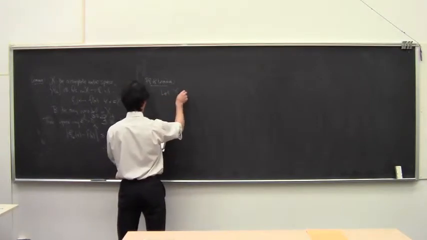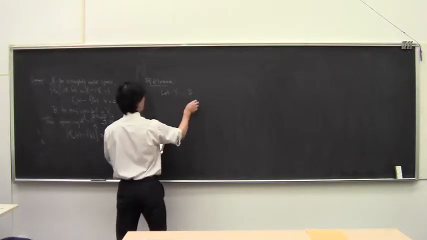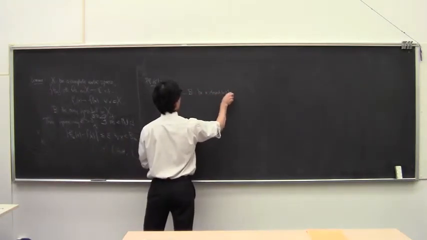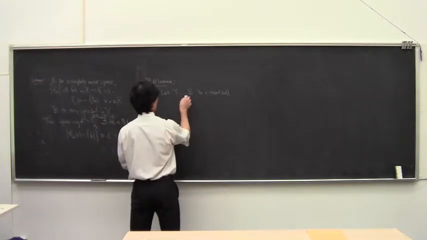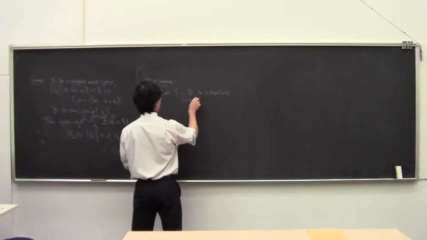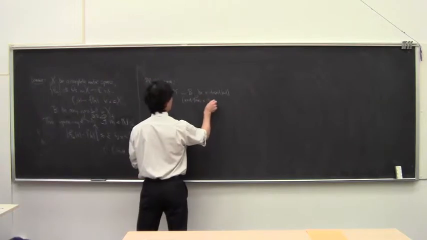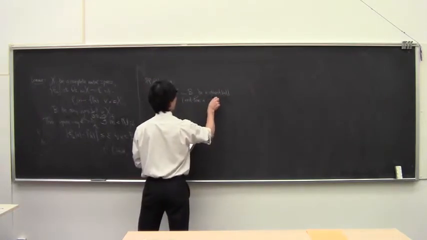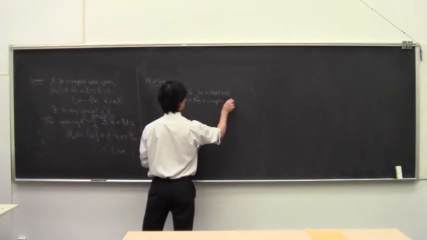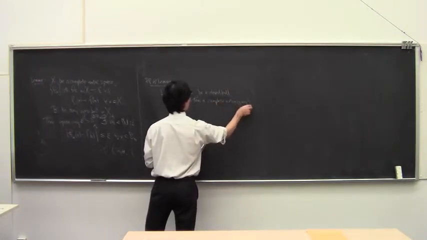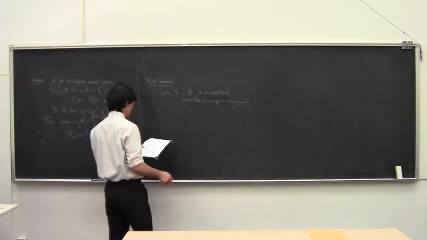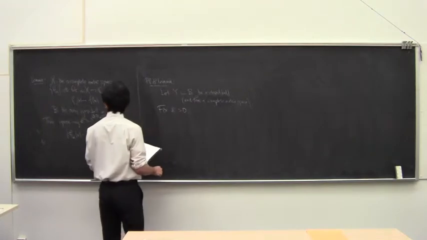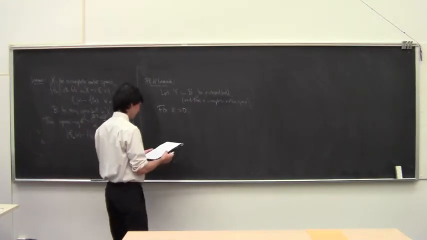Let Y be a closed ball, and thus a complete metric space. Fix epsilon. We're given that epsilon.